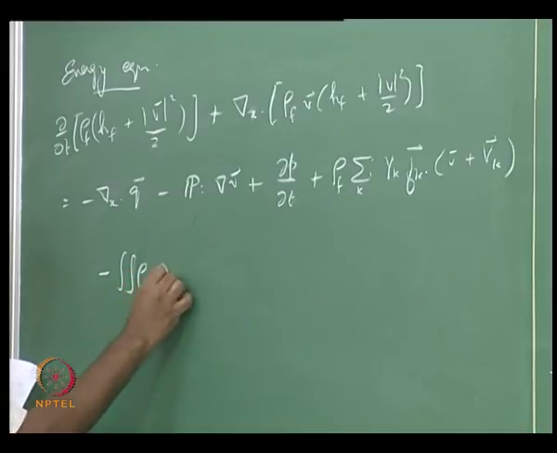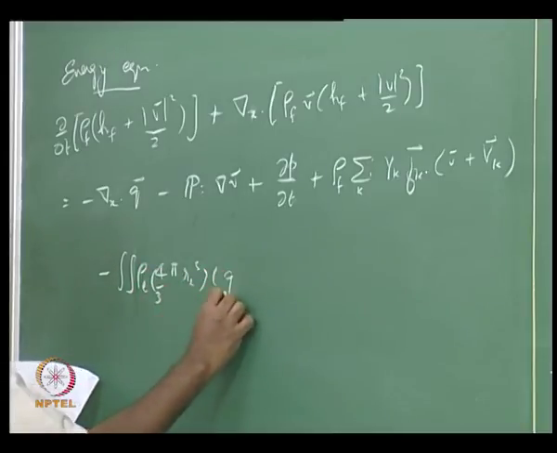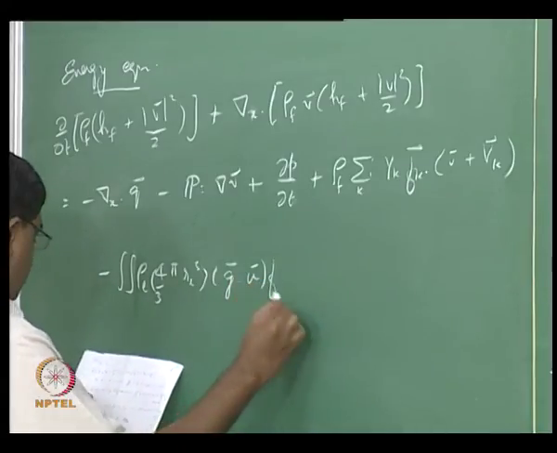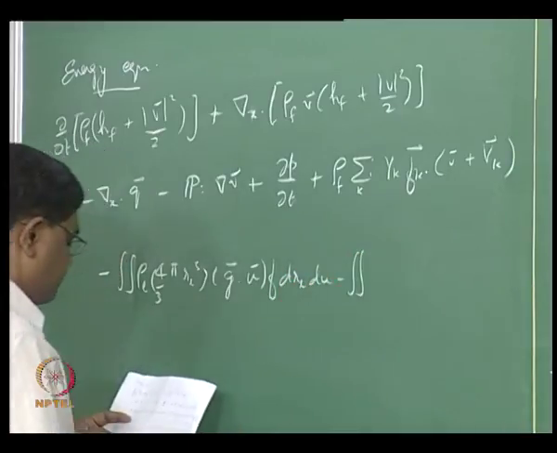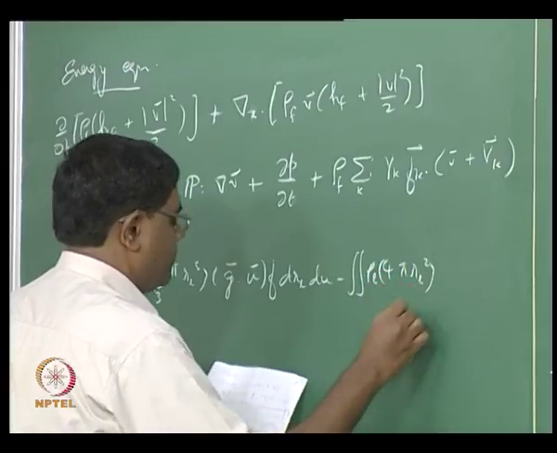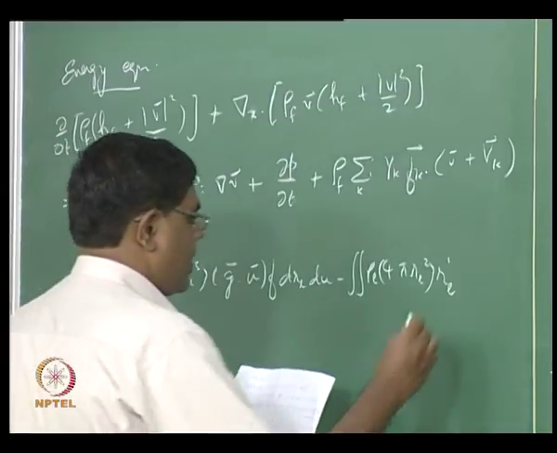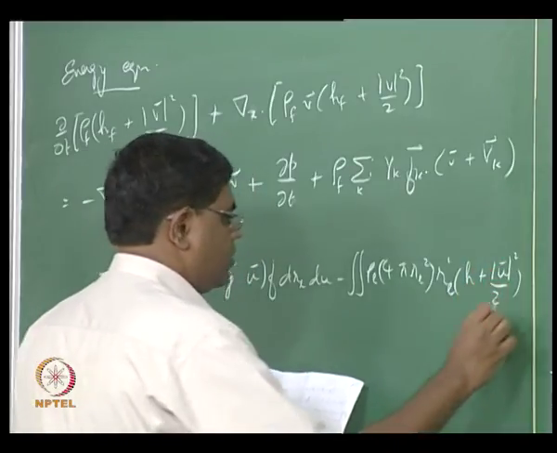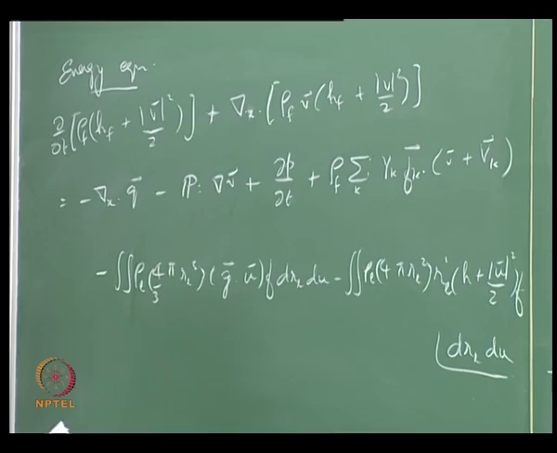You now have rho L 4 over 3 pi RL cubed G U. This is the work done due to the drag force times F dRL du, minus integral rho L 4 pi RL squared, that's the surface area, times RL dot H plus U modulus squared times F dRL du, right.